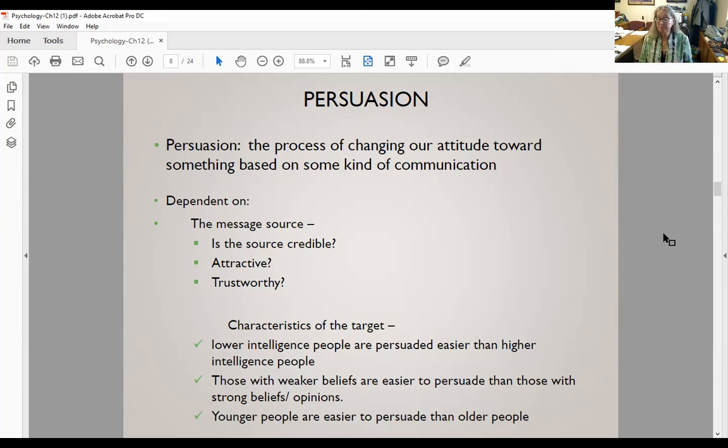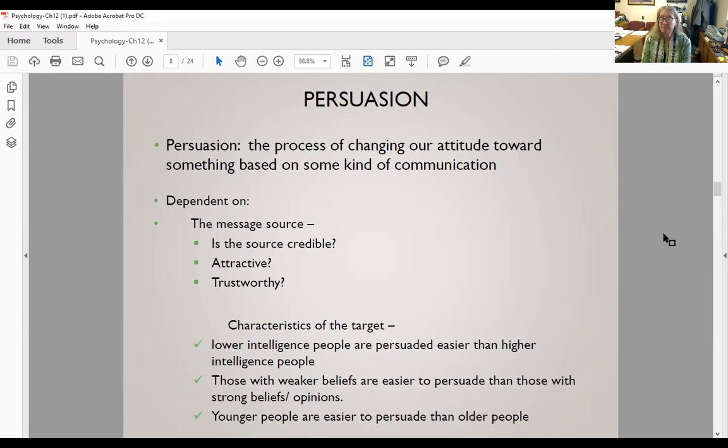However, if it's something like which diet drink tastes the best, it's subjective, there's not a true known accurate answer, then the attractive or likable person is going to be more persuasive than the credible person. So credibility is more important when there's a known true answer, and likability or attractiveness is more important when there's not.